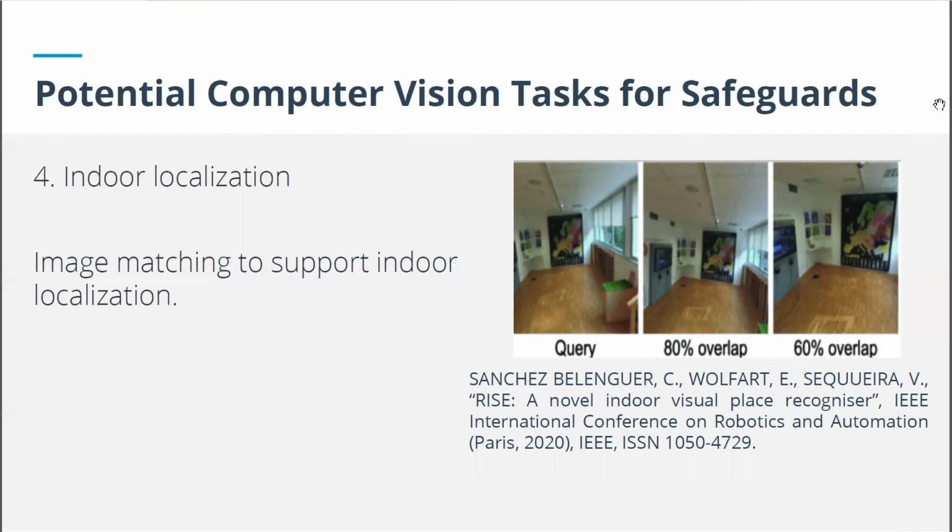They're looking at doing 3D imaging of a facility with a single walkthrough and then helping inspectors determine where they are by doing image matching. That can help inspectors figure out, okay, I'm in this hallway facing this direction, so they can better understand where they've been, where they're going, and whether they're in the right place.